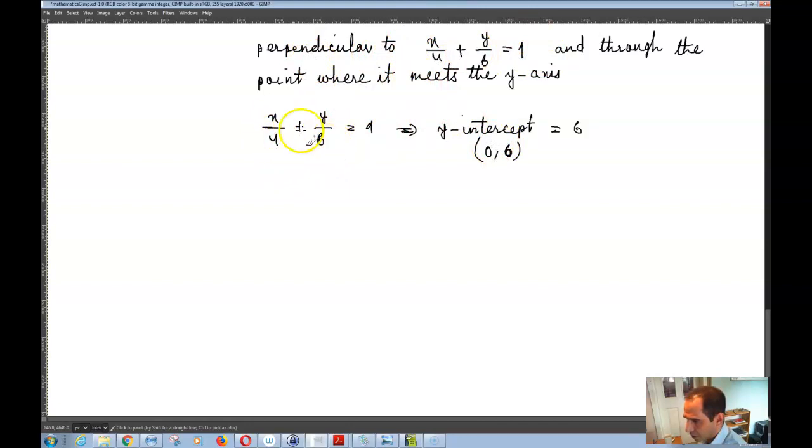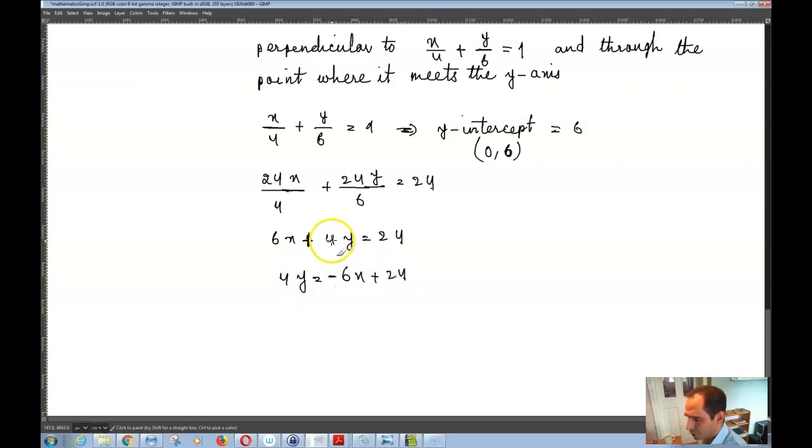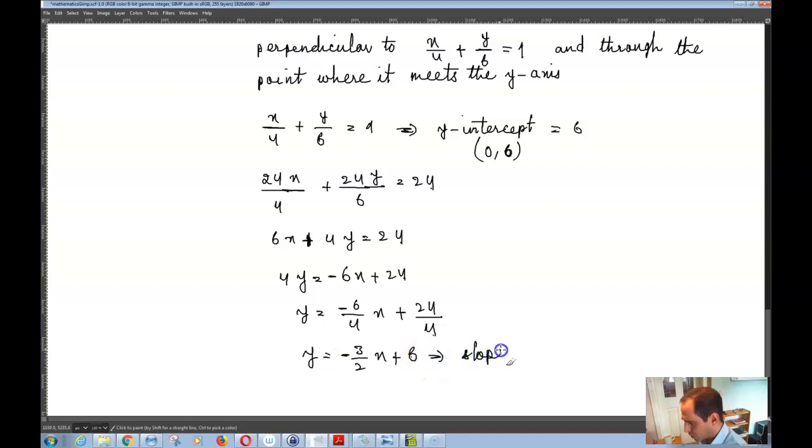So if I write this line as 24x divided by 4 plus 24y divided by 6 is equal to 24, that is 6x plus 4y is equal to 24, and then 4y is equal to negative 6x plus 24, and y is equal to negative 6/4 x plus 24 divided by 4, so y is equal to negative 3/2 x plus 6.